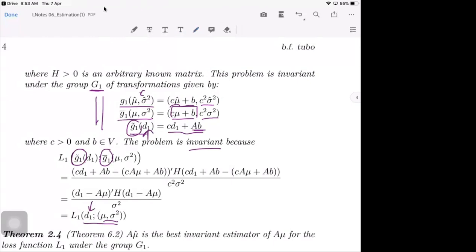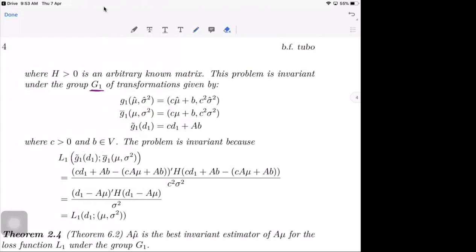So, given this group of transformation, let's see why it is invariant. It is invariant if the loss function of the transformation is just equal to the original loss function. Okay, so let's apply.